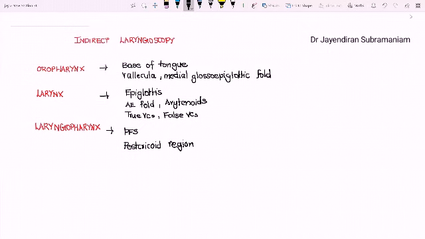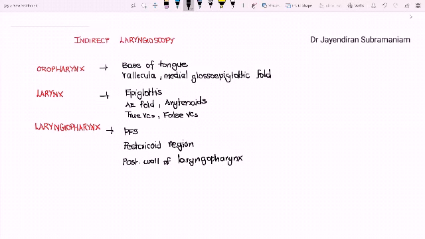Then we can see the posterior wall of the laryngopharynx. So these are the structures we can visualize with the help of indirect laryngoscopy.